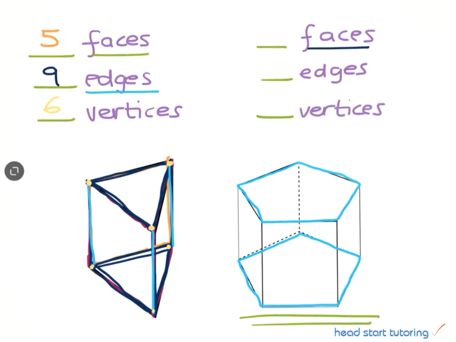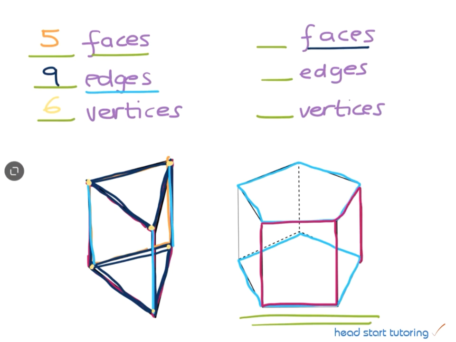So we've already seen that those are two of our faces. We've then got a rectangular face over there that you can see quite clearly. So our two bases plus that rectangular face is 3.